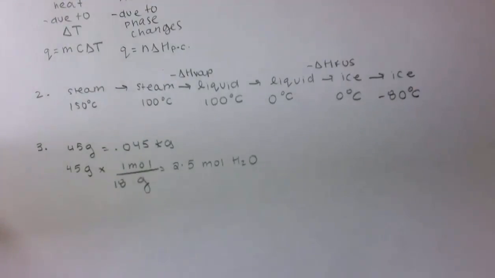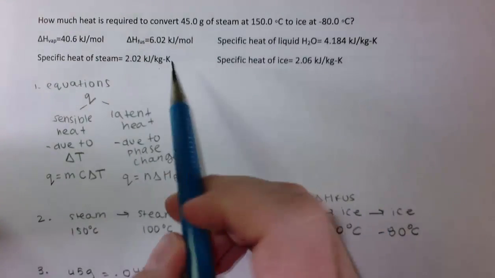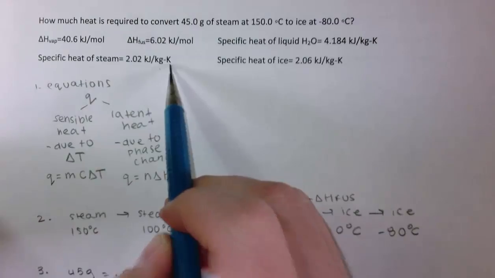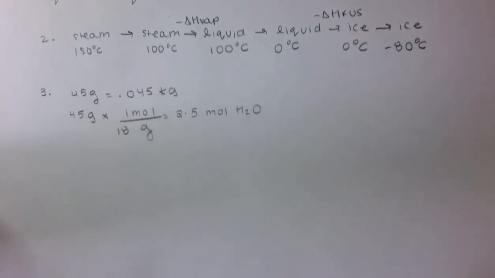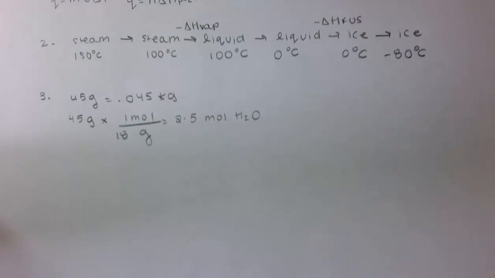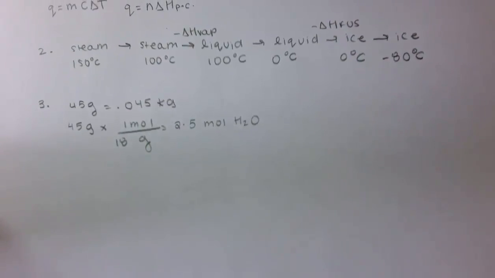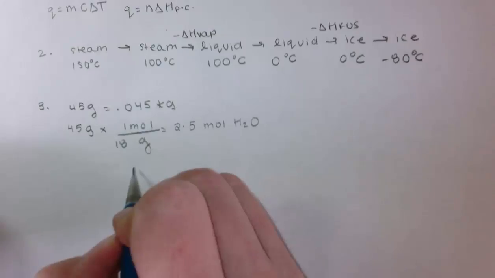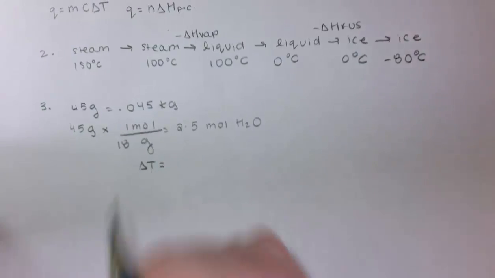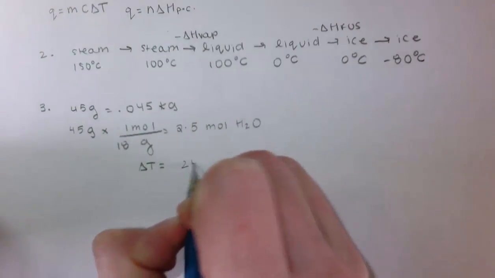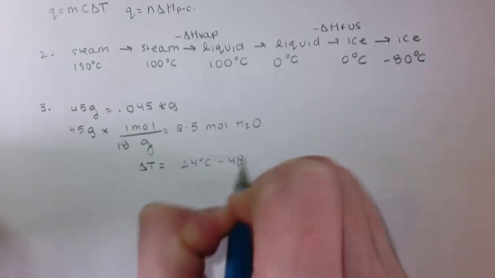And then I also want to note that while our problem statement gives us units in Kelvin, what we're focused on is the change in temperature. So the change in temperature can have units of Kelvin, or Celsius, because let's say you want to find delta T equals 24 degrees Celsius minus 48 degrees Celsius.